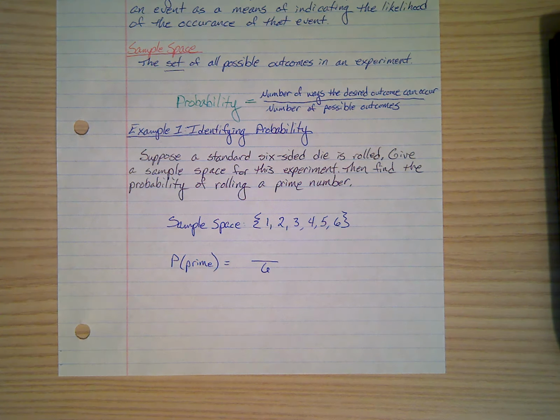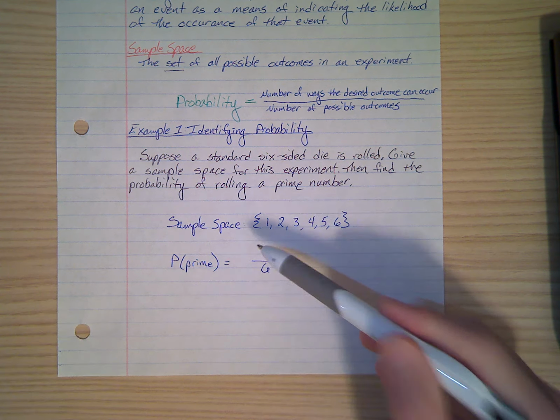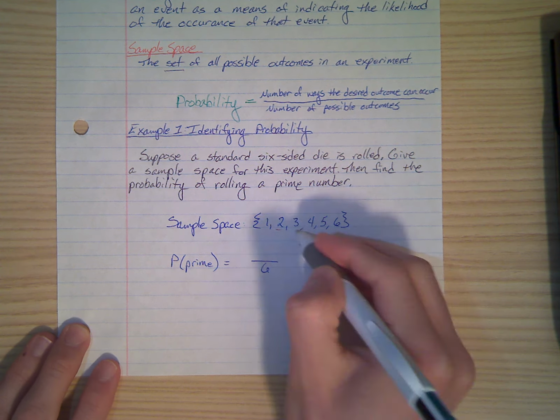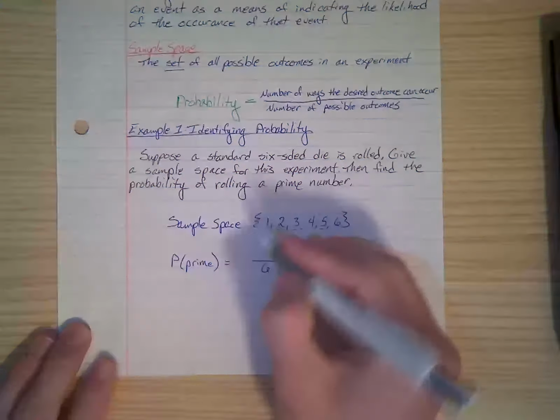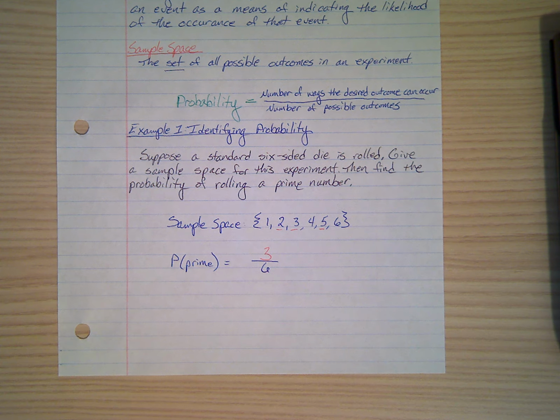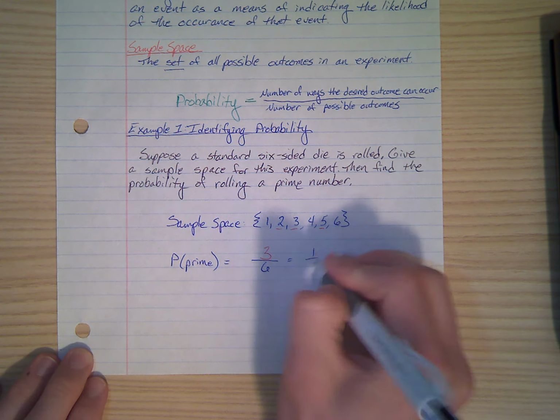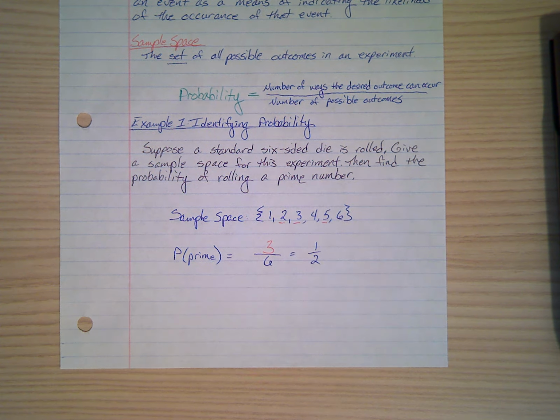And then of those elements that actually fit the condition we're talking about, 1 is not prime, but 2 is prime, 3 is prime, and 5 is prime. So you've got 3 successes over 6 possibles. So the probability would be 3 over 6, which we would reduce to 1/2, or 0.5. Because again, this number is between 0 and 1.